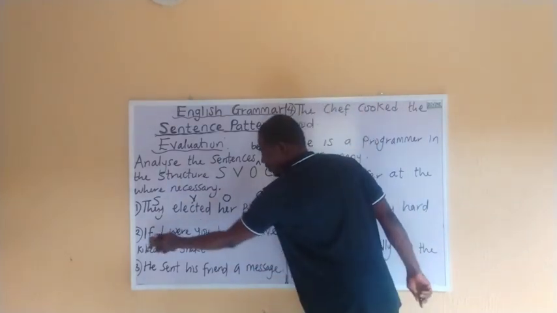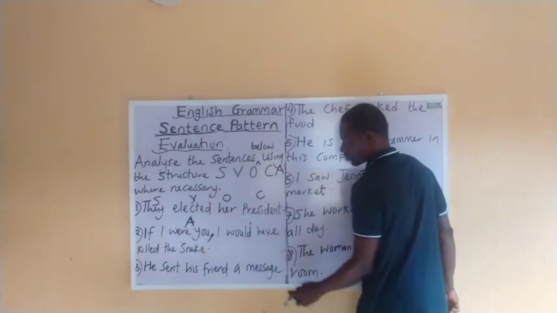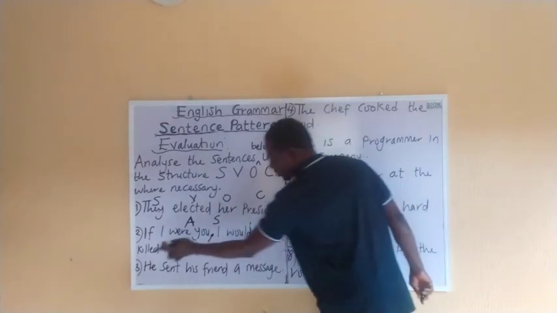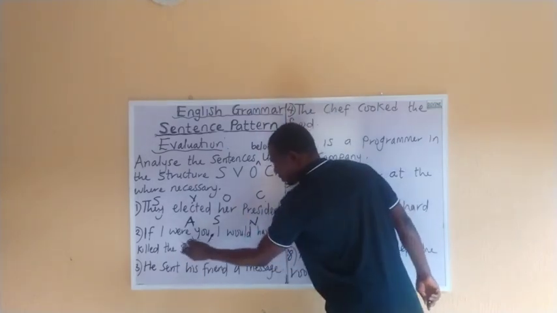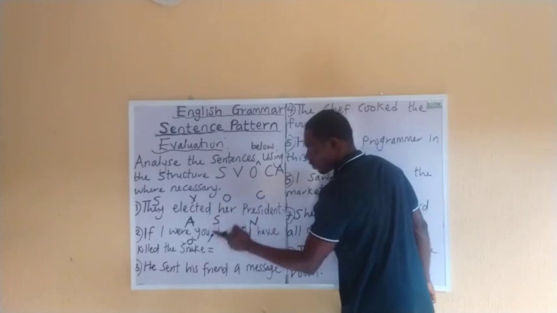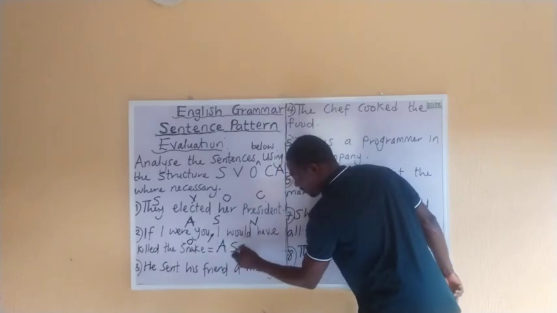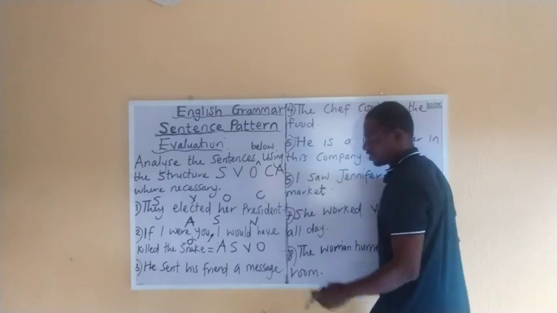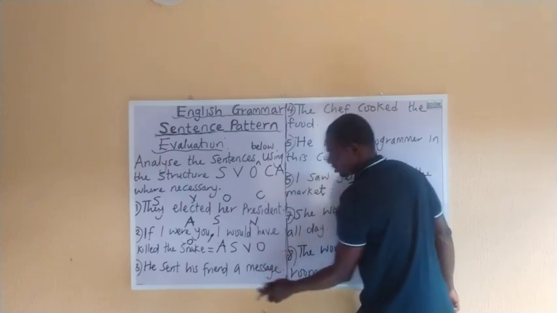So, if I were you is an adverbial clause of condition. I, subject; would have killed is the verb. The snake is the object. So the structure for sentence 2 is ASVO.